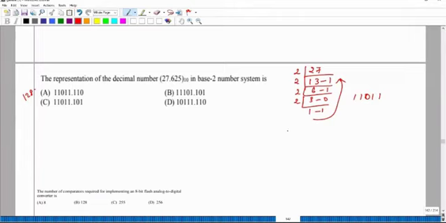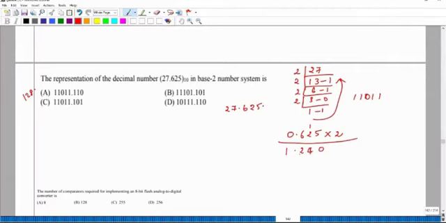Next you have to take 0.625, because it is 27.625. Already we have taken 27, so the rest of the number is 0.625. You have to multiply it by 2. If I multiply it by 2, I will get 1.25.